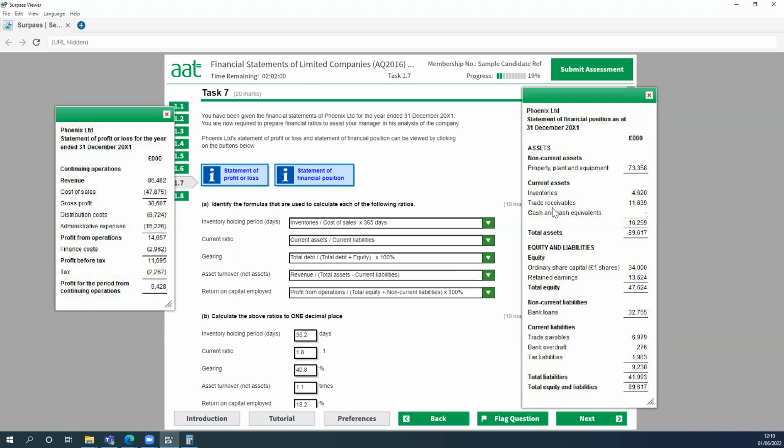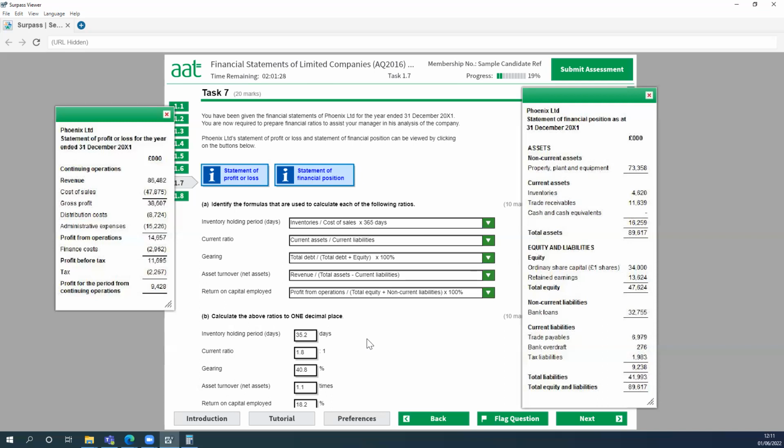Similarly with bank and cash, cash and cash equivalents, if that's the reason why it's high, then maybe you should be doing something better with the money to get a better return. So the current ratio is current assets over current liabilities, not the quick ratio or acid test ratio, which is when we take the inventories out, because that's the least liquid, isn't it? Inventories, because you've got to sell it before you turn it into cash.